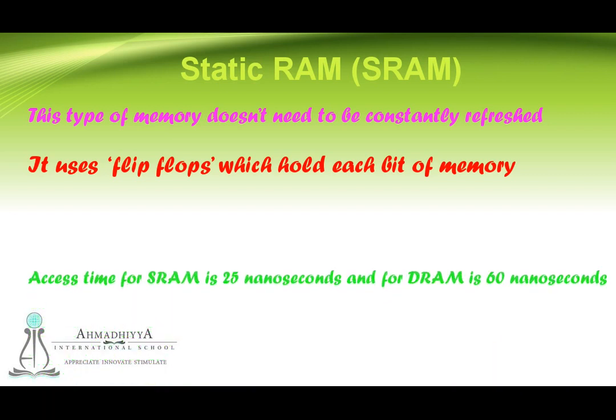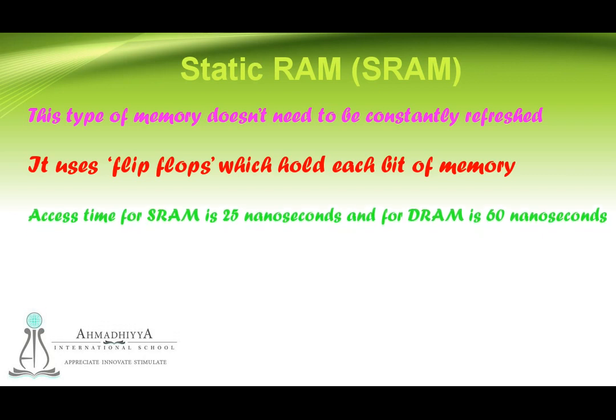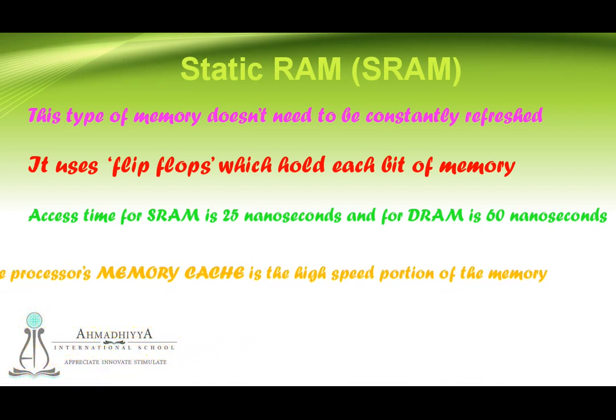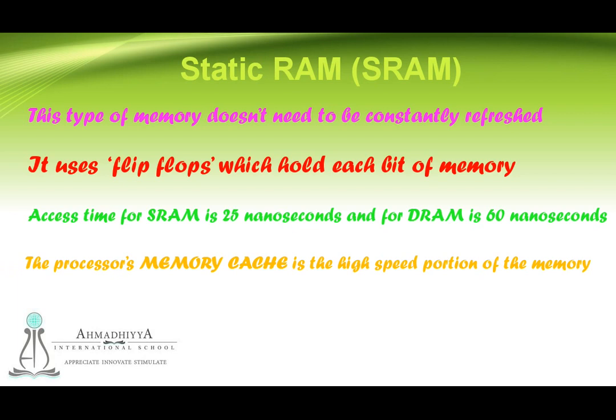DRAM is the most common type of RAM used in computers because it is cheap and many other advantages are there. Already we discussed those advantages. Where speed is essential, the SRAM technology is preferred. And the processor, the microprocessor or central processing unit, uses the cache memory.